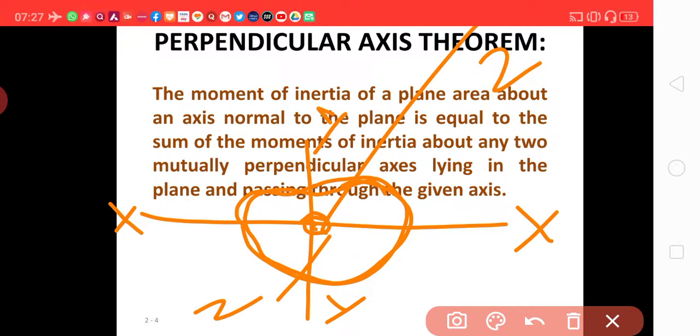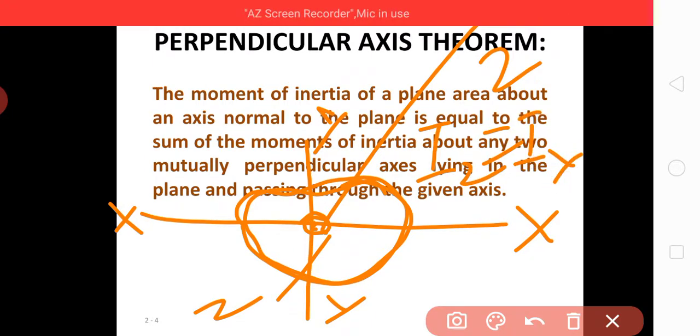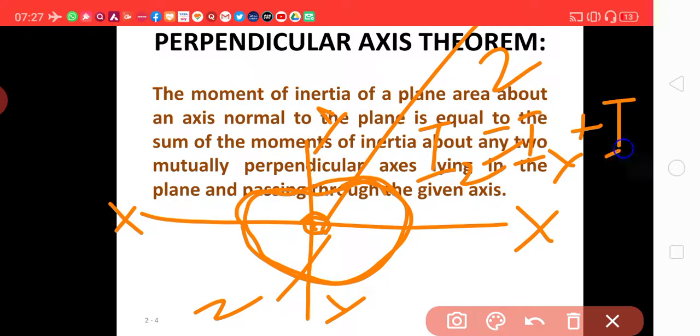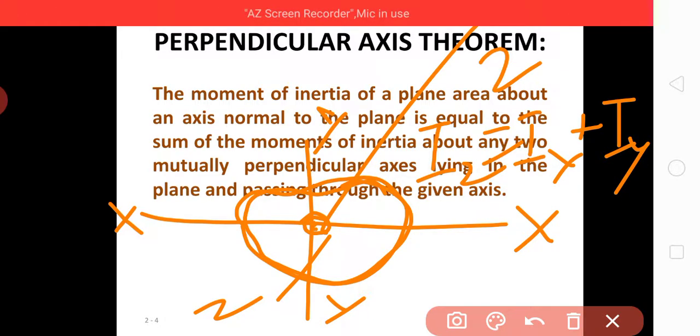Then in that case Iz equal to Ix plus Iy. This is called the perpendicular axis form. In the next slide we will be dealing with it in some more detail.